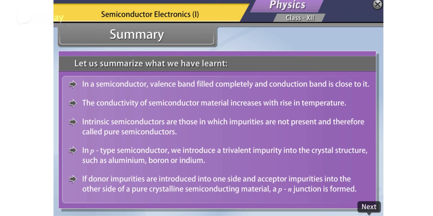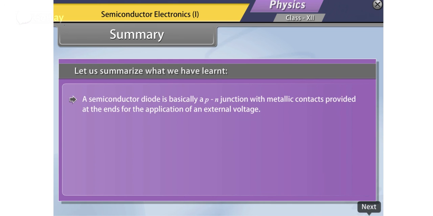If donor impurities are introduced into one side and acceptor impurities into the other side of a pure crystalline semiconducting material, a p-n junction is formed. A semiconductor diode is basically a p-n junction with metallic contacts provided at the ends for the application of an external voltage.